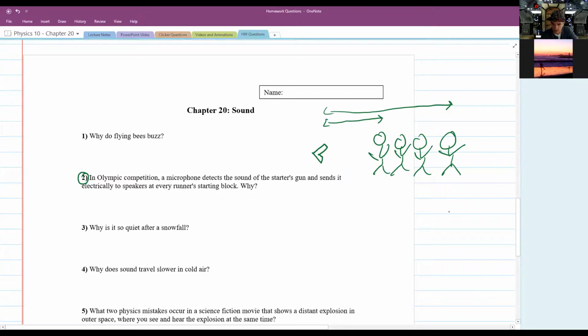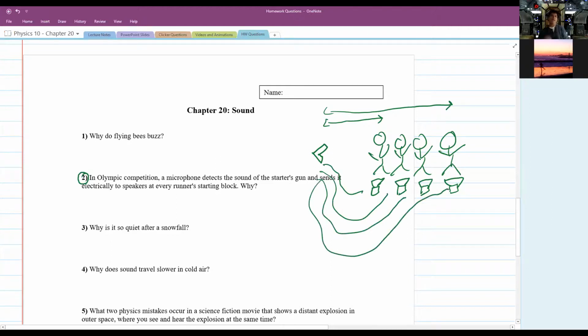So instead, what they do is they have these little speakers next to everybody's starting block. And what happens is they record the sound from this starting gun, and they basically send it to all these speakers that are at each starting block. The speed of light is not infinite, but it is unbelievably fast.